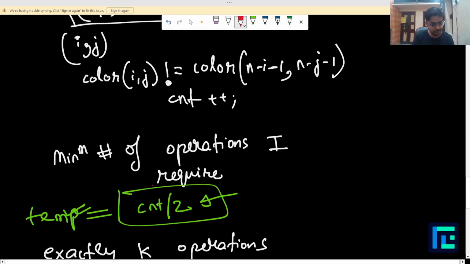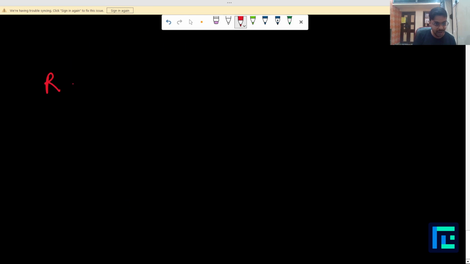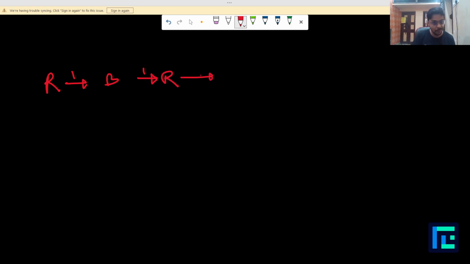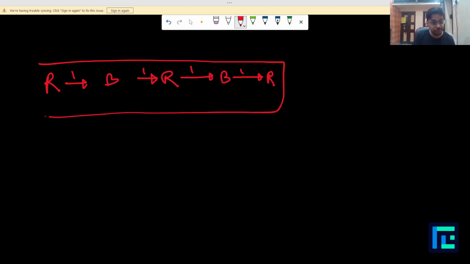See, initially it was red. I performed one operation, it changed to blue. I performed another operation, it again changed to red. I performed one more operation, it changed to blue. I performed another operation and it changed to red. So after performing 4 operations, red color remained as red and hence there will not be any issue.